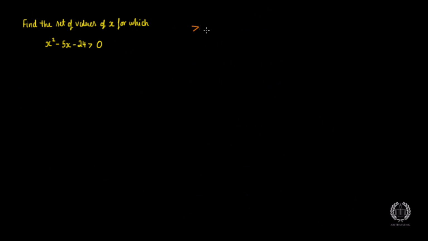So this sign basically means greater than. This sign means smaller than. Then you have another sign with a line underneath, which basically means greater than or equals to.